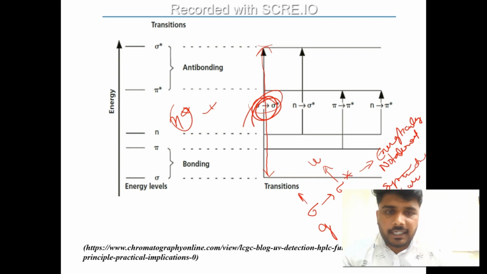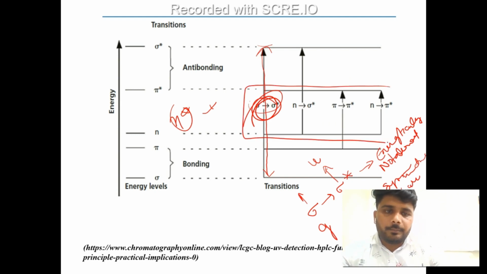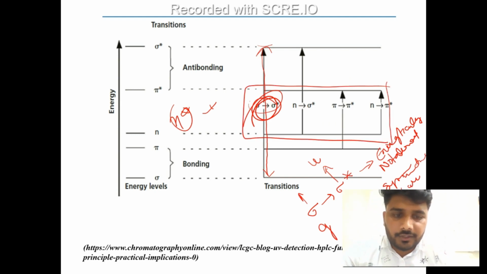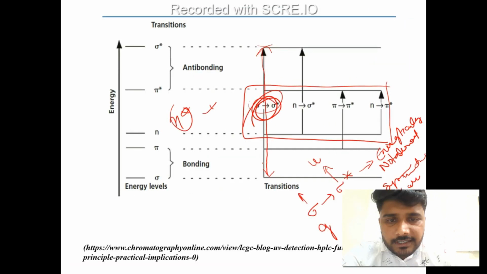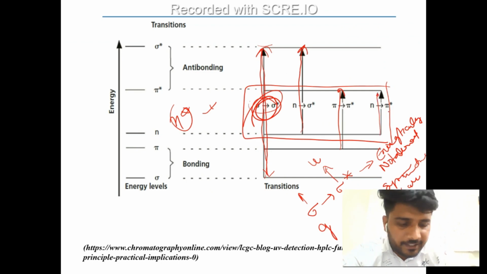These are the basic transitions you can see in molecules and use for characterization. This transition is bonding to anti-bonding, this is non-bonding to anti-bonding, this is also bonding to anti-bonding, and this is also bonding to anti-bonding.